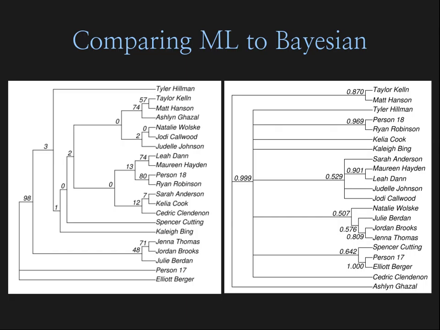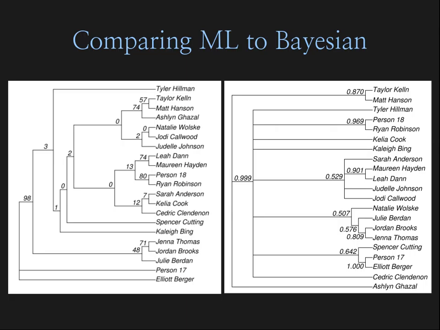And then Julie is in with both of those, 0.57 and a 48. If we're counting these all as percentages, which tends to be higher? Bayesian, yes. This is a consistent trend. Bayesian tends to give you higher confidence values.